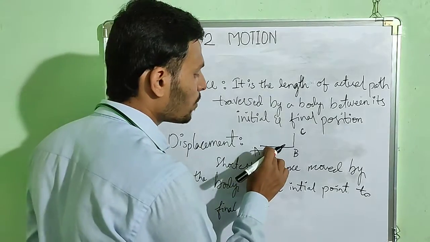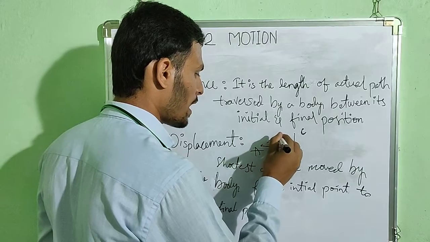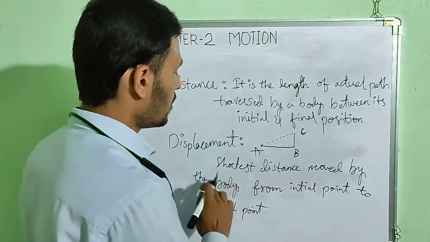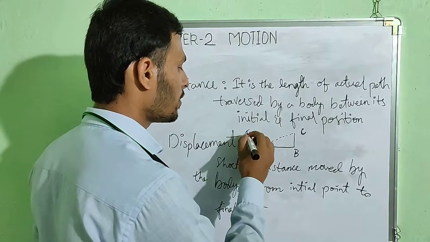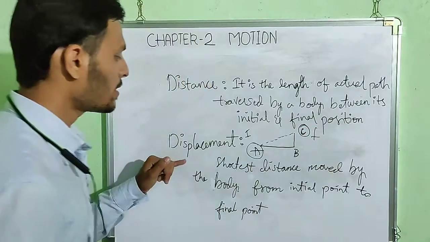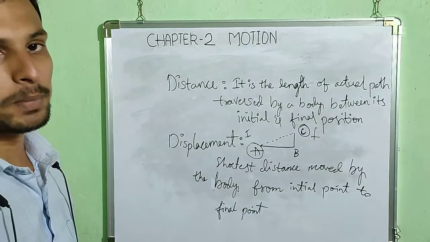Apart from going in this direction, I can move directly in this direction. So this is my shortest distance. The shortest distance between the initial point and final point is known as displacement.